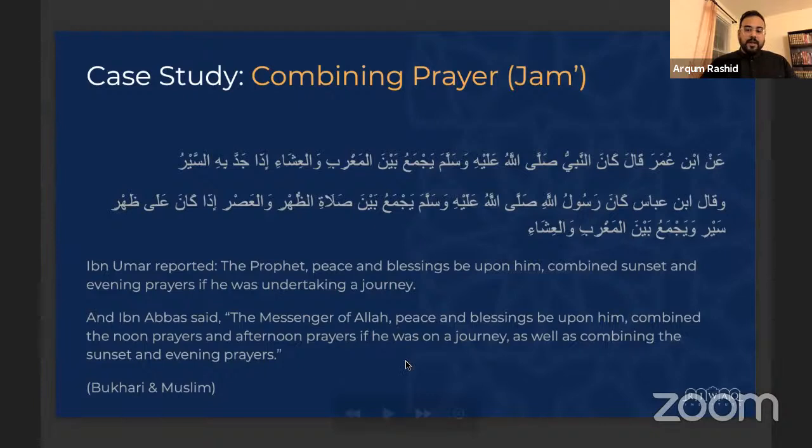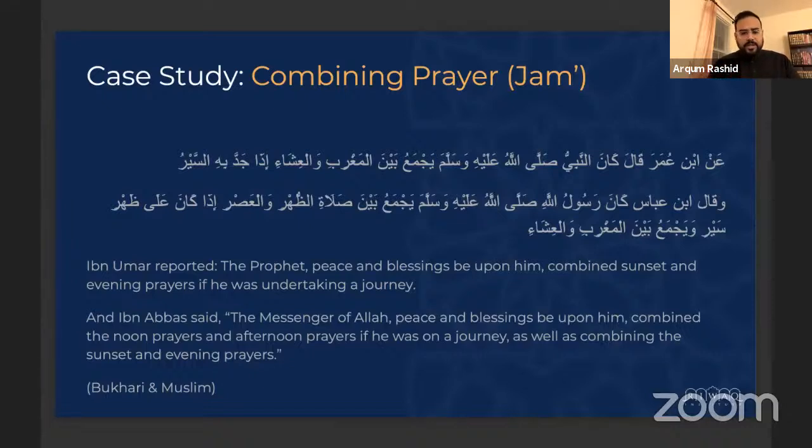All right. So this hadith found in Bukhari and Muslim, amongst many other hadith as well, talks about the Prophet ﷺ combining the prayers, specifically Dhuhr and Asr prayer and Maghrib and Isha prayers. So the first narration, Ibn Umar reported the Prophet ﷺ combined the Maghrib and the Isha prayers when he was on a journey.